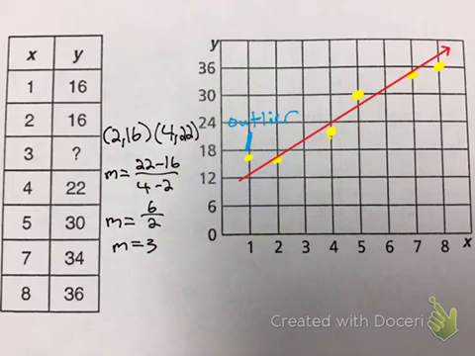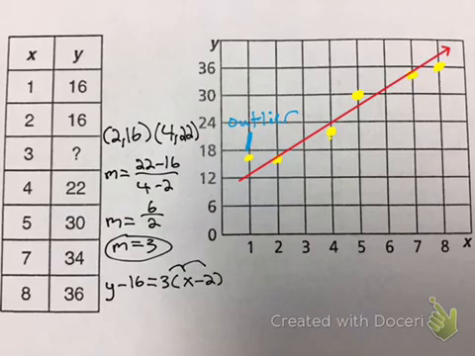So from here, I'm going to use my slope and either one of my points in point slope form. I chose the point 2, 16, so I have y minus 16 equals 3 times x minus 2. I'll distribute the 3, and I have y minus 16 equals 3x minus 6.